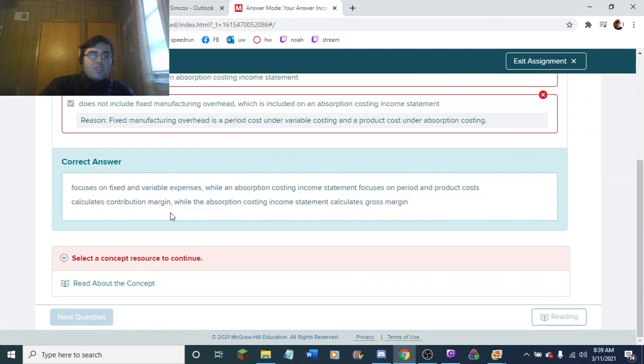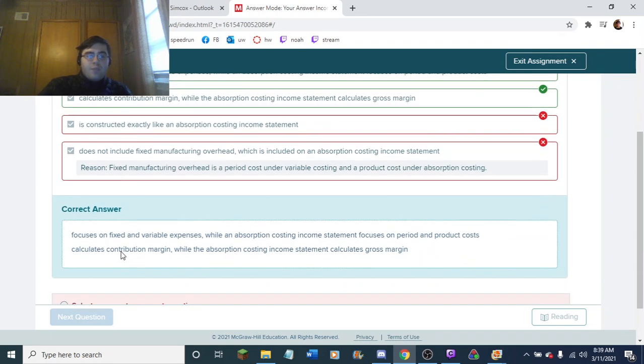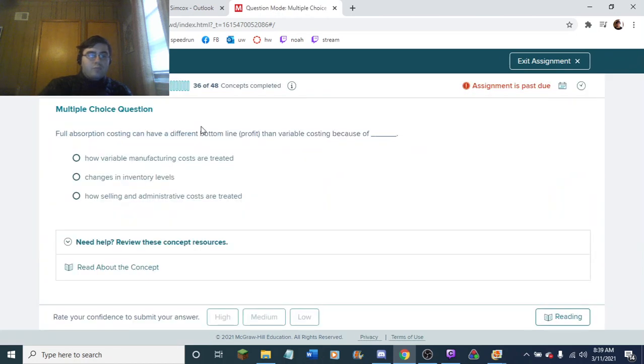So the variable costing focuses on fixed and variable expenses, while absorption focuses on period and product costs. And the variable costing income statement calculates contribution margin, while absorption calculates gross margin. So full absorption can have different profit because of changes in inventory levels.